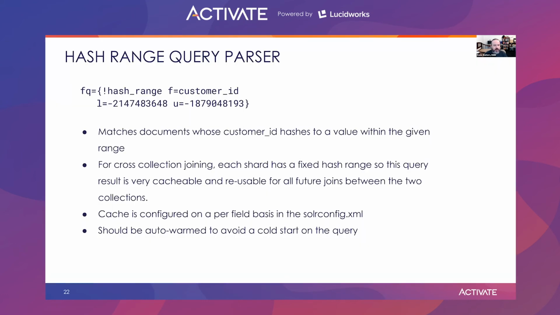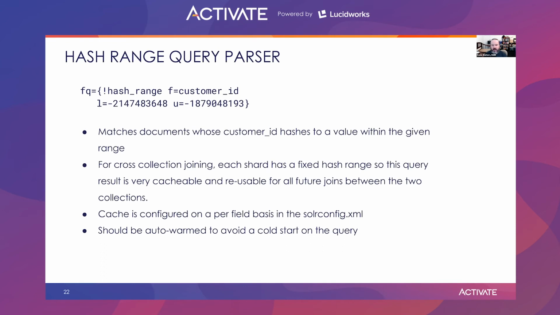The syntax for this hash range query parser is just hash range. You tell it which field you want, and then you have a lower and an upper bound for the hash range. And this basically runs a query. Internally, the hash range query parser has a cache, which is configured on a per field basis in the Solr config.